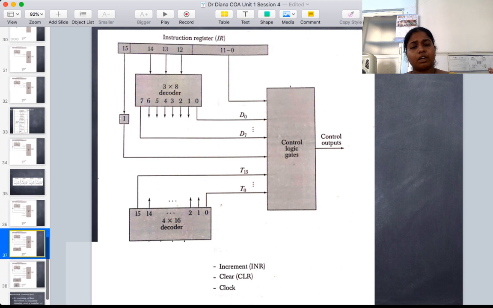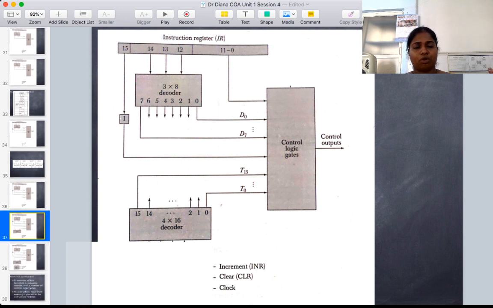As input to this 4x16 decoder, I can either use a clock, an increment, or a clear signal. The clear signal is used for indicating completion of a particular instruction.